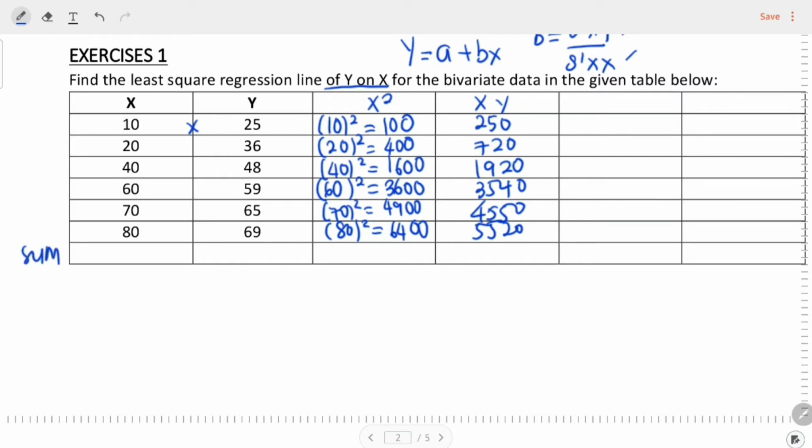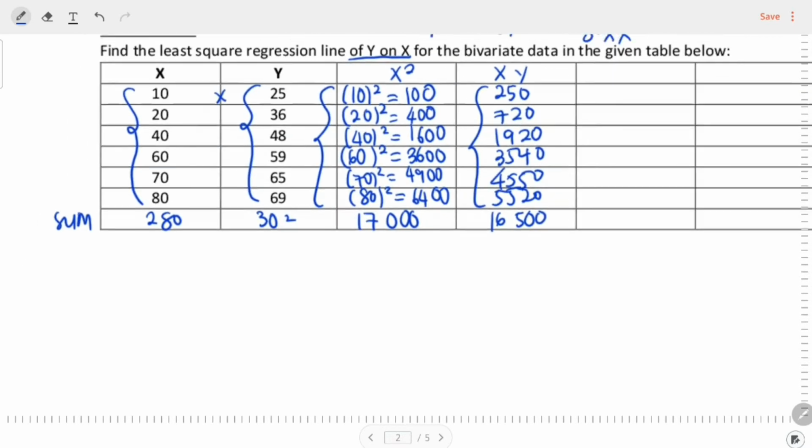The sum of x is adding up all the x values, which is 280. The sum of y is 302. The sum of x squared is 17,000 and the sum of xy is 16,500.